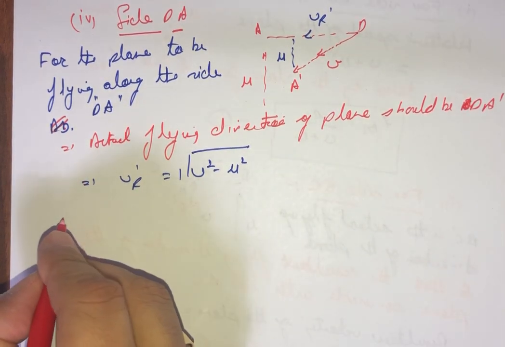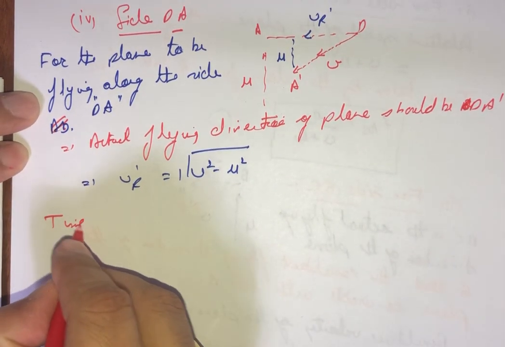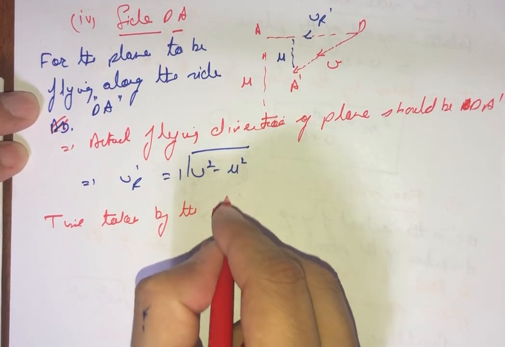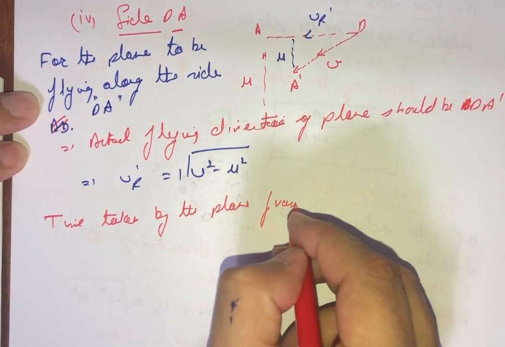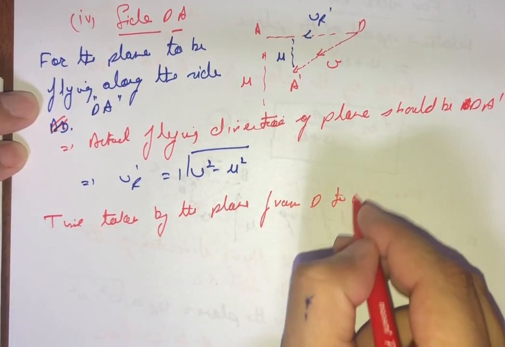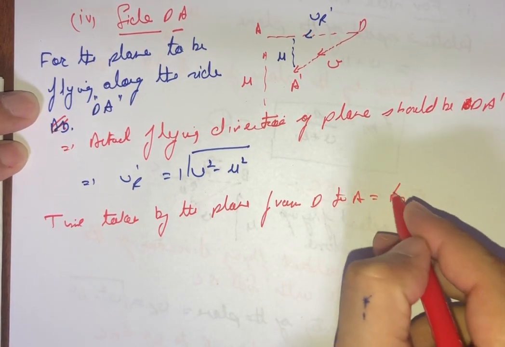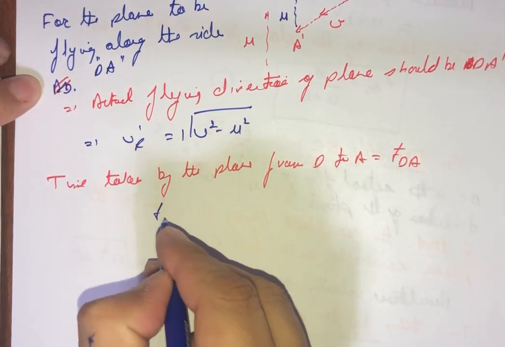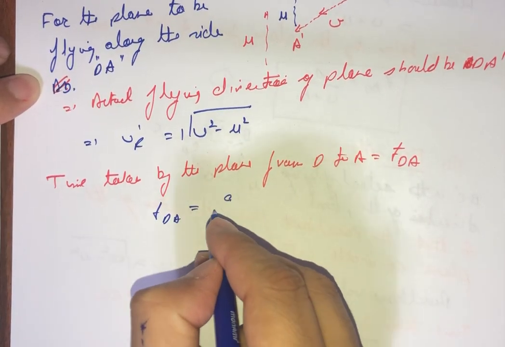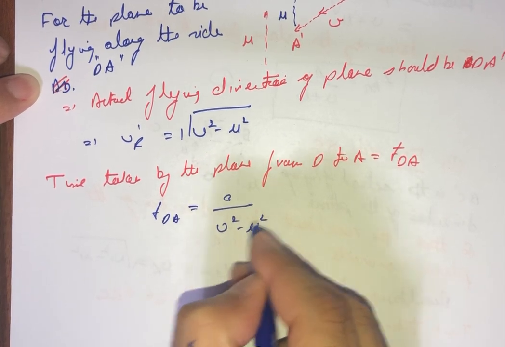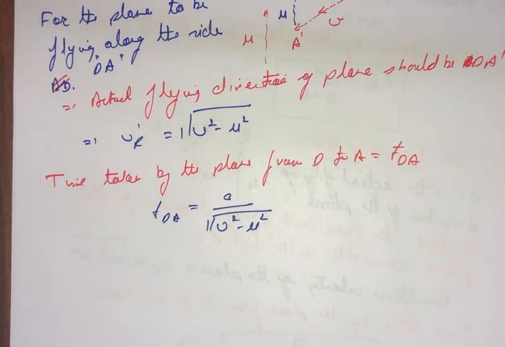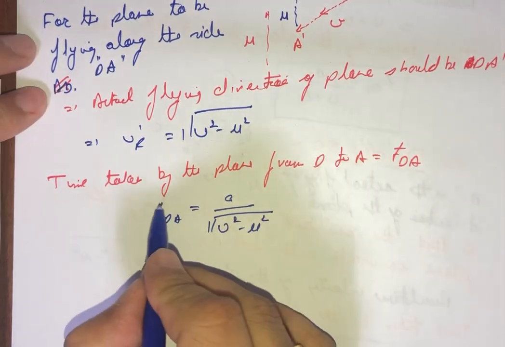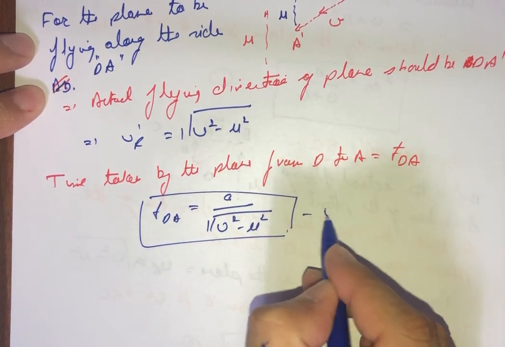So time taken by the plane from D to A, if it is given tdA, then tdA will be equal to A divided by square root of V square minus U square. Now we have to find our total time. So, let us call this equation number 4. So we are going to find our total time.